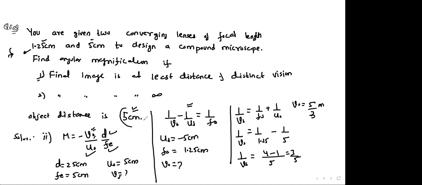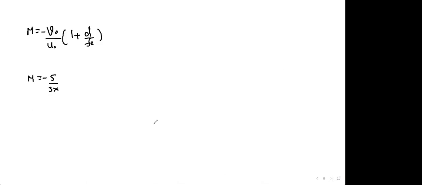U naught is 5, right? 1 plus, how much is D? It's 25. How much is Fe? 5. So it gets cancelled out. Your M comes out to be minus 1 by 3 into 6. Isn't it 2?